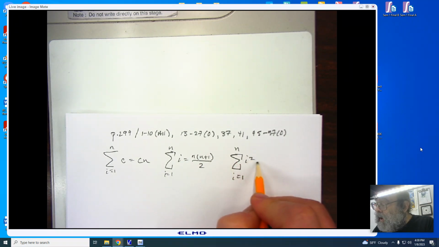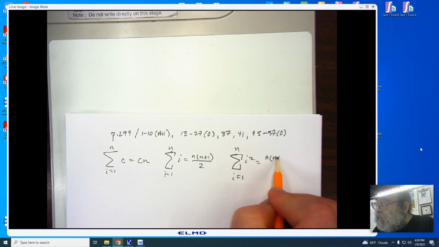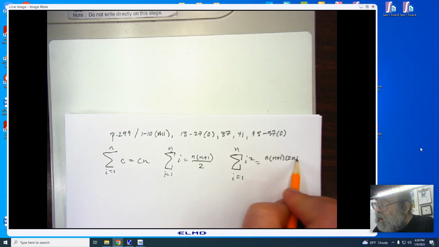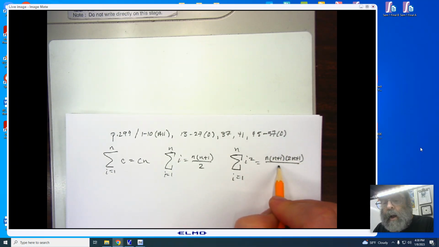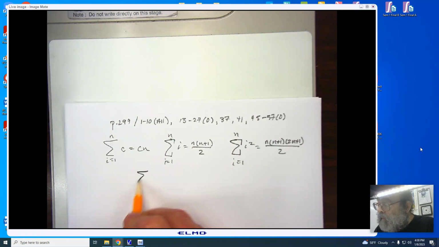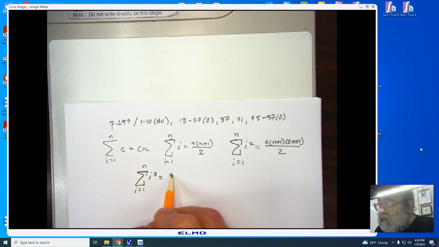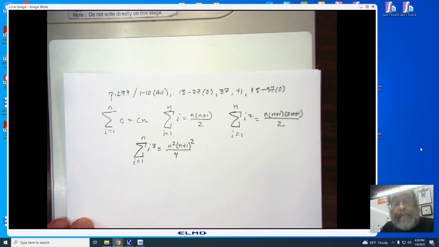We're looking at the sum of i squared, so that's n times n plus 1 times 2n plus 1, divided by 6. And then we're going to put our cubic here, the sum from i equaling 1 to n of i cubed is n squared times n plus 1, the quantity squared, over 4.